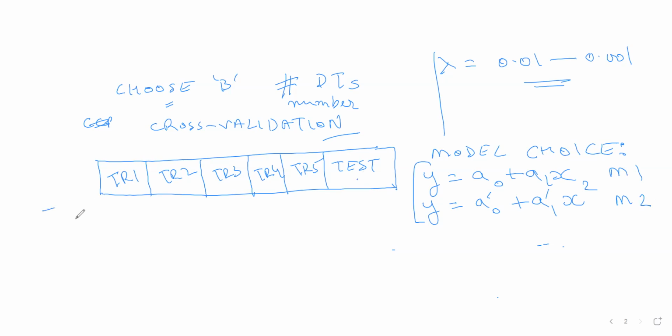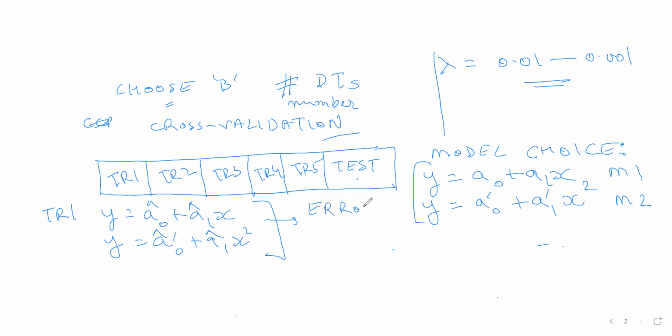data, right? So for train data 1, I have run the model and I have got the results a0 cap plus a1 cap x for model 1, and for model 2, I am getting the same as a0 cap plus a1 cap x square. You stop me and ask me, it is very important that this is clear to you, right? So these are my estimated values. Using this, I am going to calculate the error using the test data, and I'm going to get the MSE values on the test data for train data 1 for both the models.